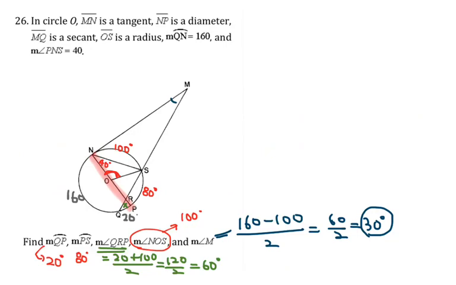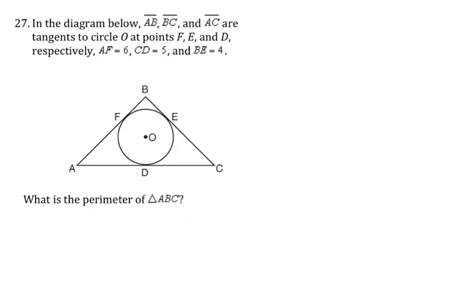Alright, now we're going to go for one more question here. What is the perimeter of the triangle? In this case, you have to realize that AF is equal to AD, and EC is equal to ED. Lastly, BF is equal to BE, because tangent line segments from a point outside are always congruent.